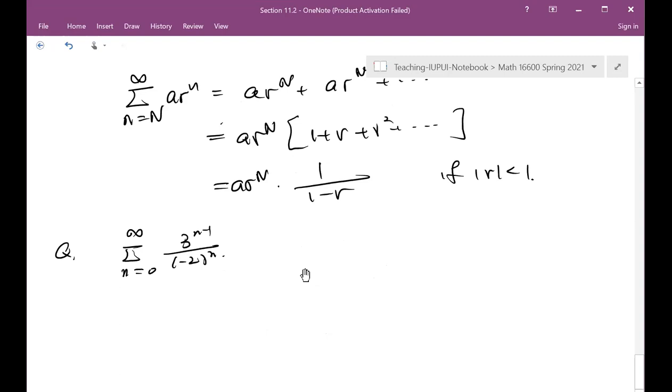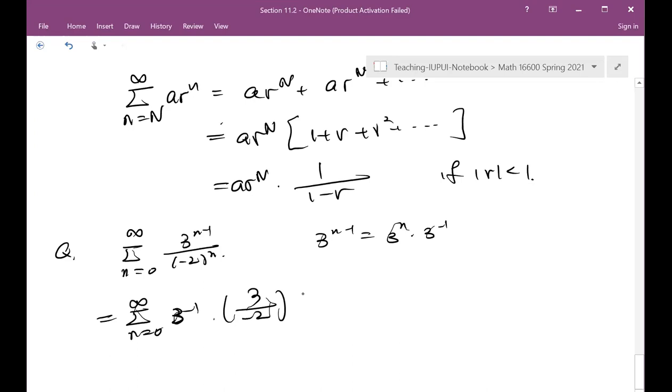You can express it in a slightly different way. 3 to the n minus 1 is going to be 3 to the n times 3 to the negative 1. So I have a 3 to the negative 1 here, and then this will be 3 over negative 2 to the power n.